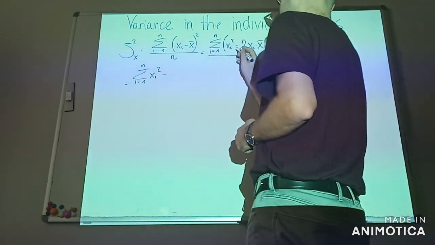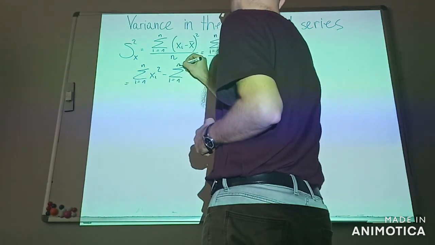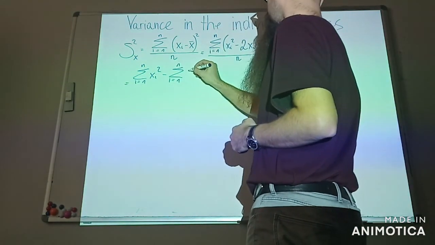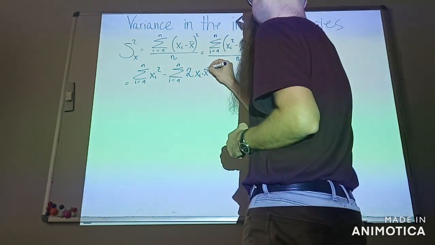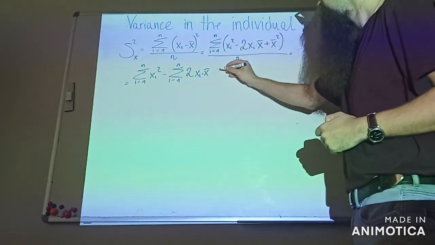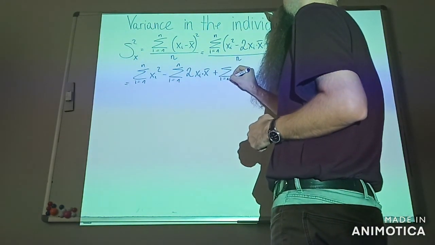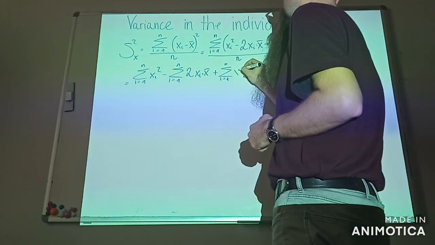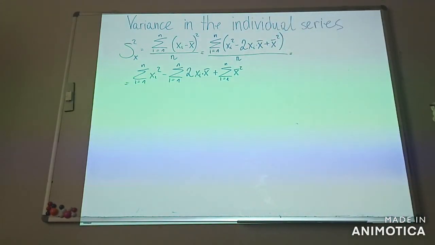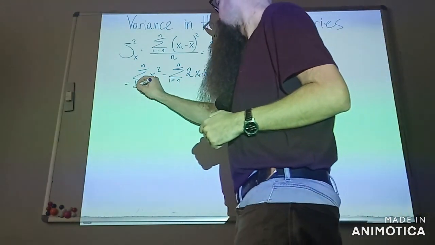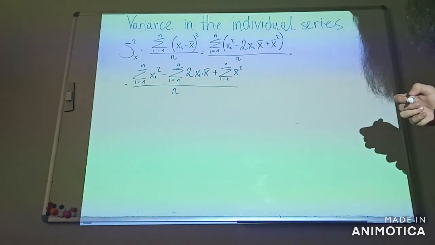Minus the second sum, which is the sum from i equal 1 up to n of 2xi multiplied by x mean. And the last sum is the sum from i equal 1 up to n of mean value squared, divided by n.